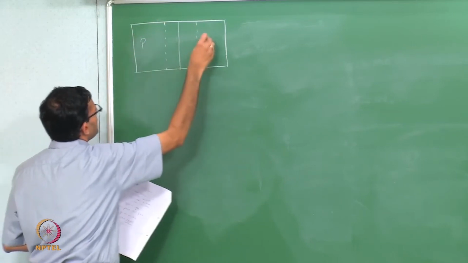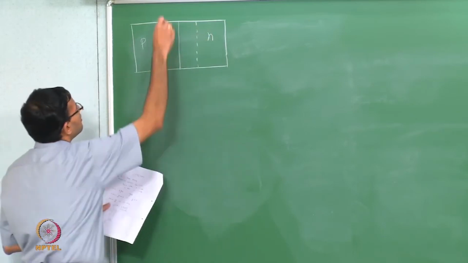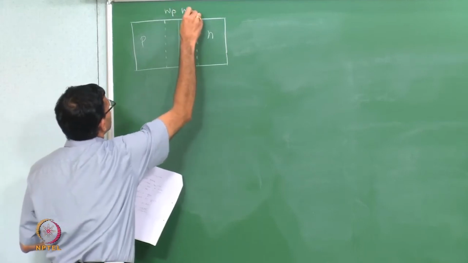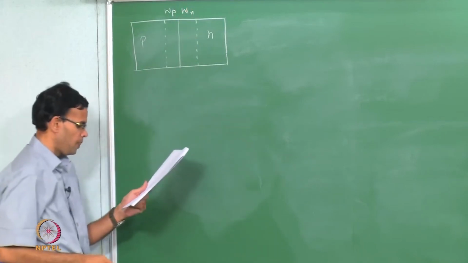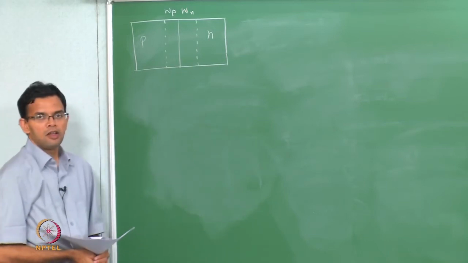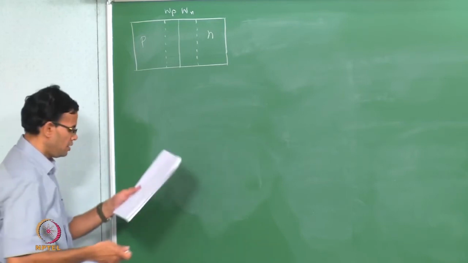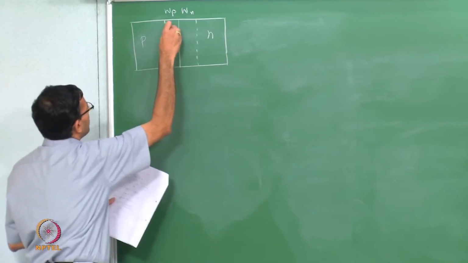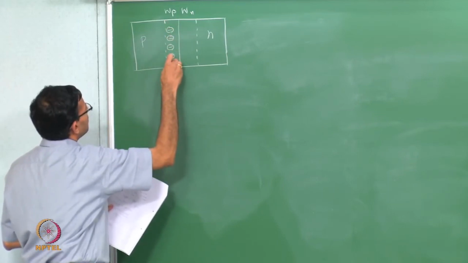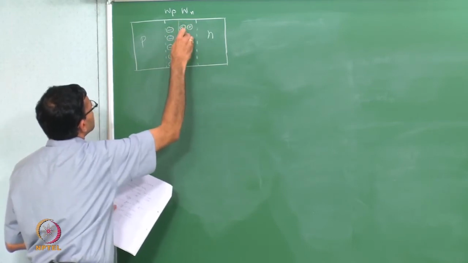So, we have a p-n junction with Na greater than Nd, so that we have some Wp which is smaller than Wn. We said that in the depletion region the excess electrons and holes recombine and get annihilated, so that you have a net negative charge on the p side and a net positive charge on the n side.